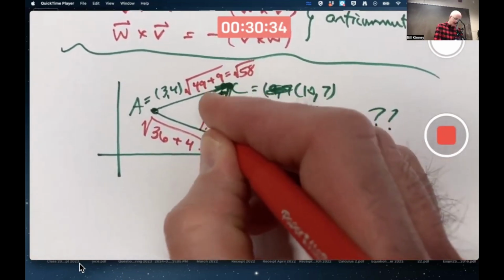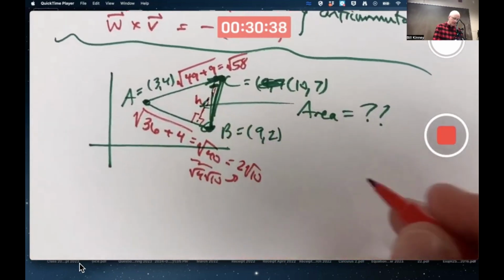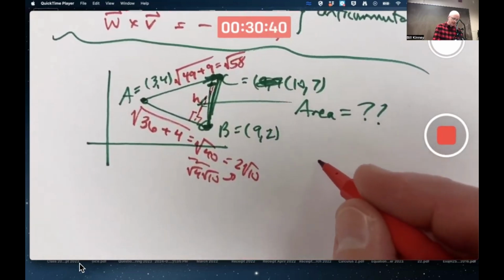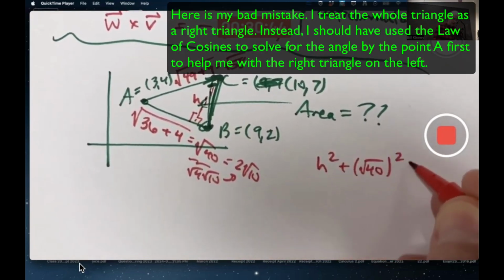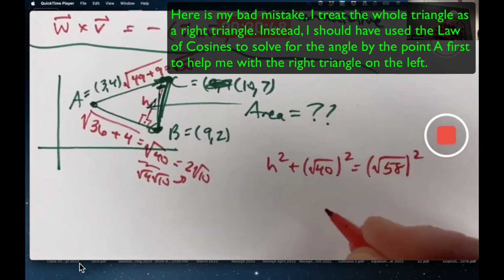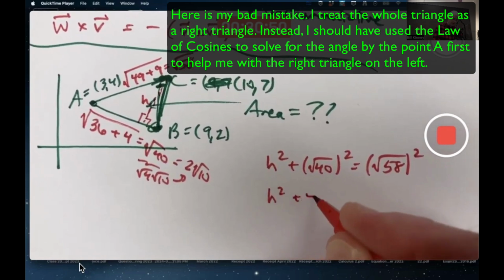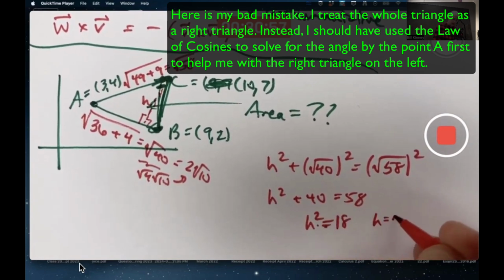Call the length of the height here h. By the Pythagorean theorem applied to that right triangle, h squared plus square root of 40 squared should equal square root of 58 squared. h squared plus 40 equals 58. Looks like h squared is 18, so h is square root of 18.